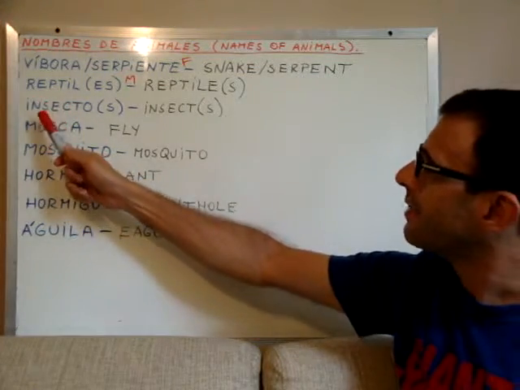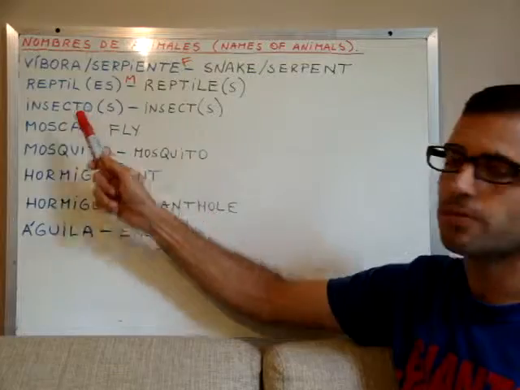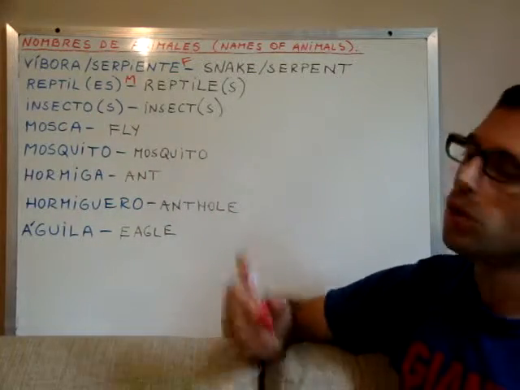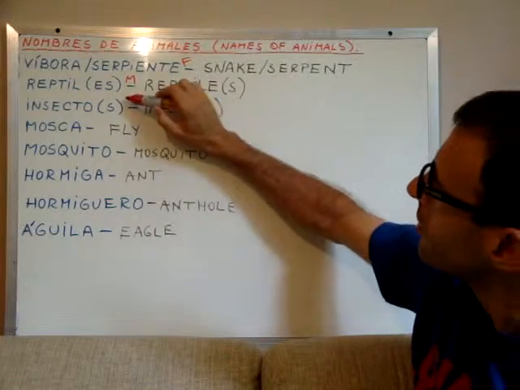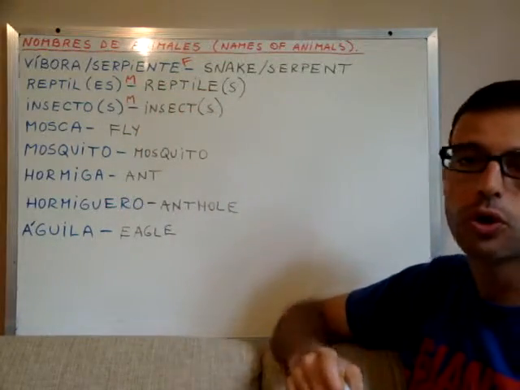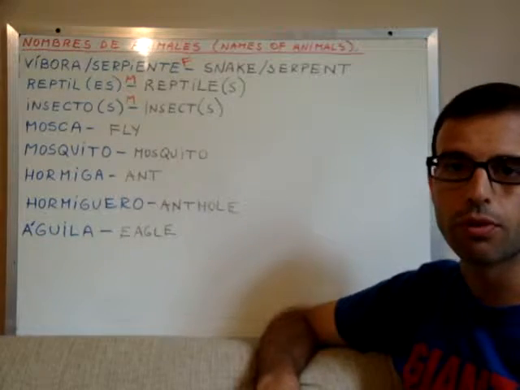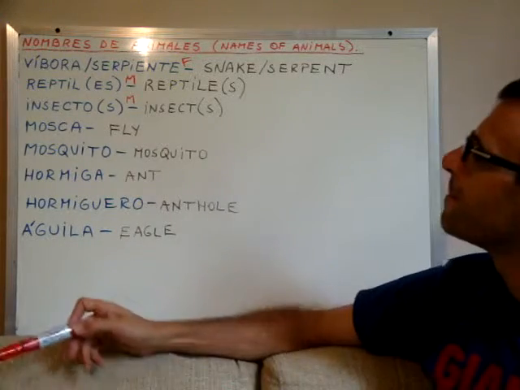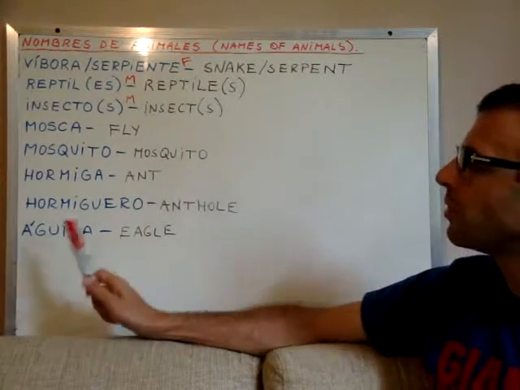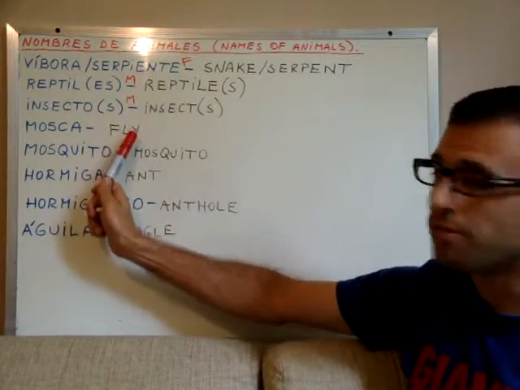The word for insect is insecto. It's a masculine word. So it is el insecto or los insectos for the insects. Among the insects, the most common ones are a fly, right?